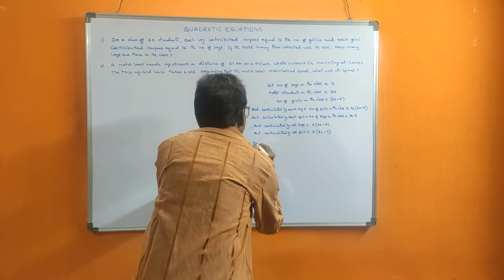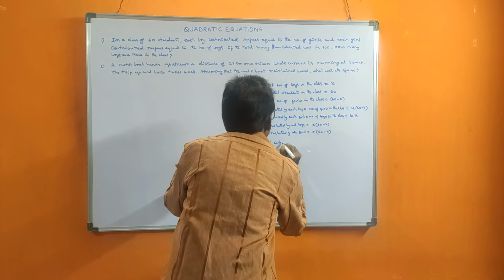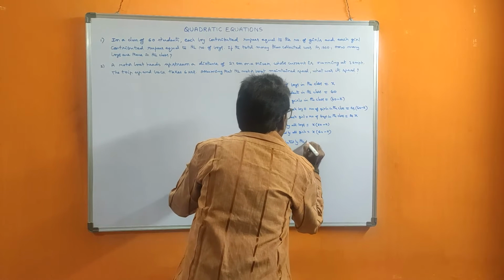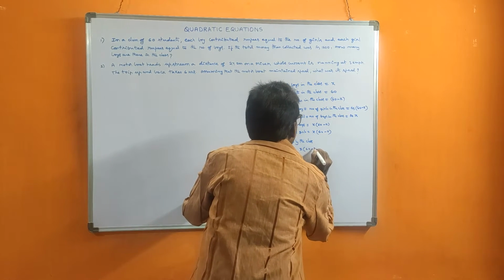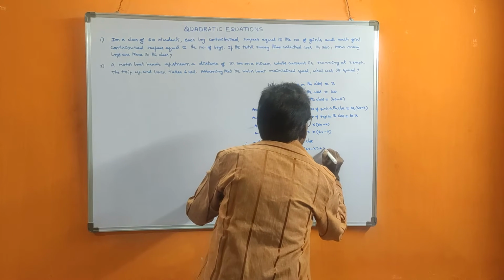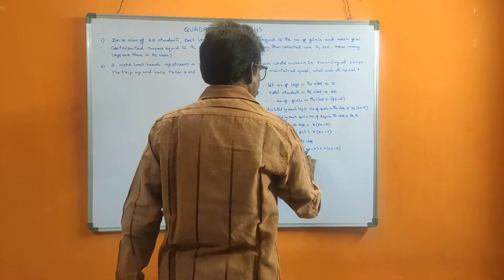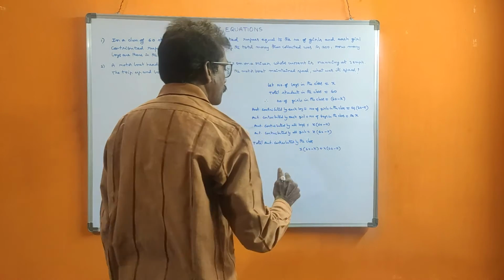Therefore, the total amount contributed by the class: by boys x into 60 minus x, by girls also x into 60 minus x.